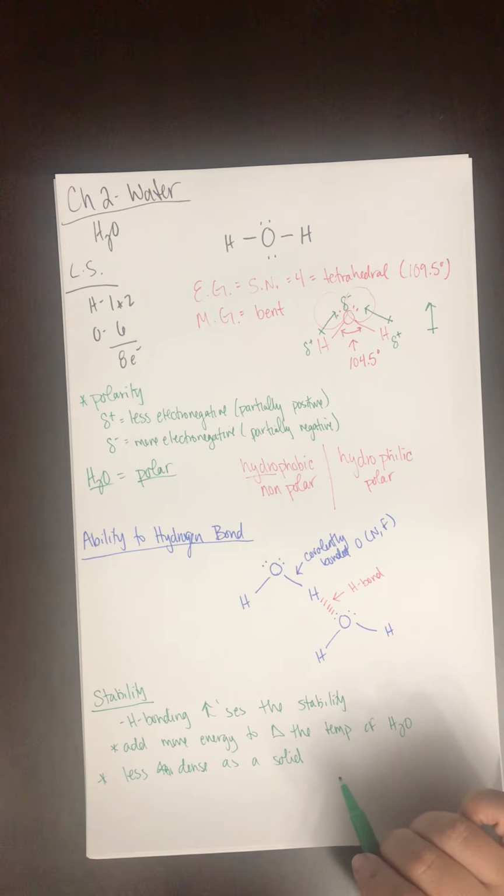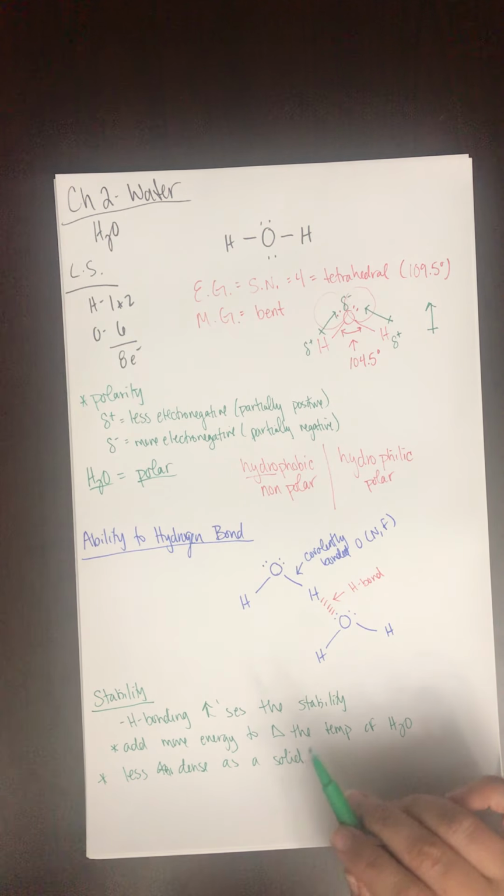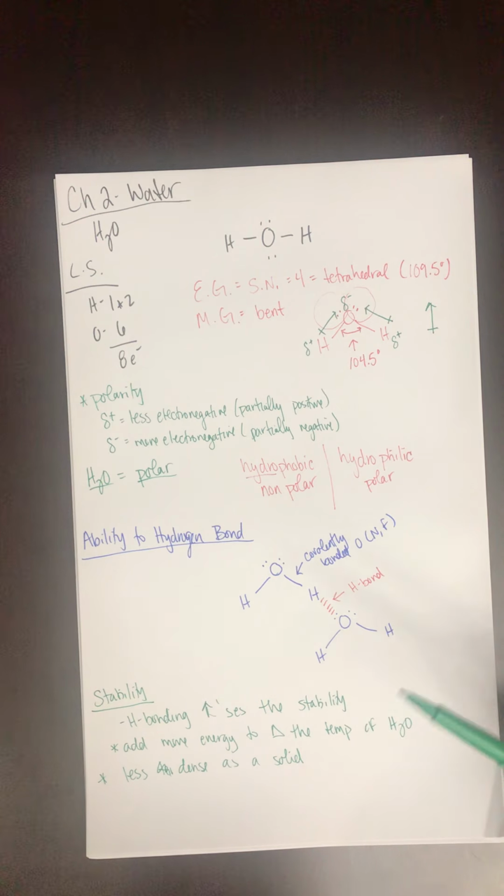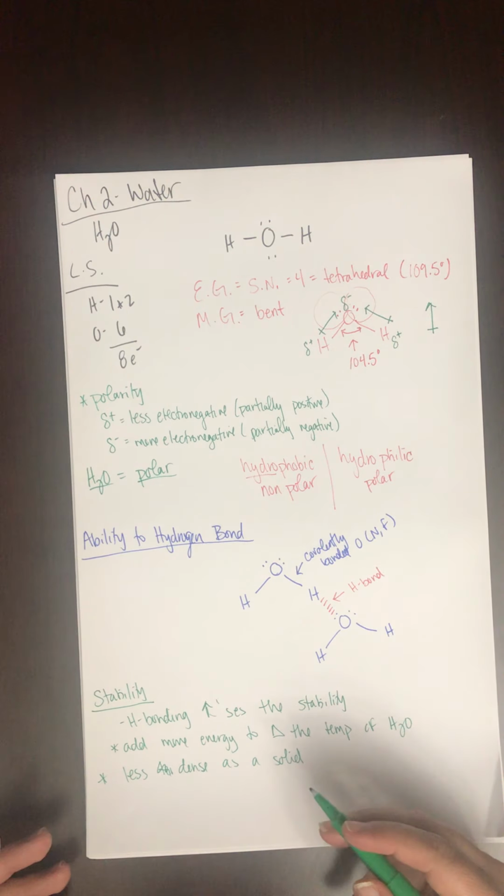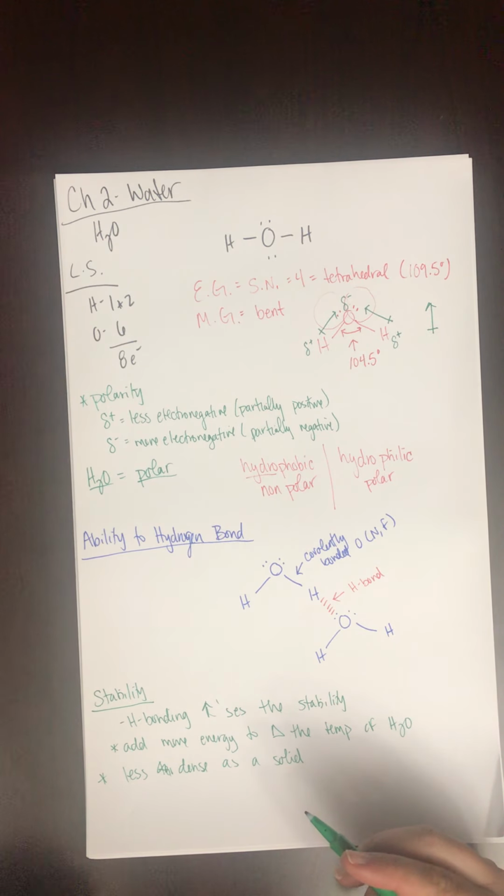And the fish and the life in the lake are all still able to exist during winter. If water was more dense as a liquid and it froze from the bottom up, it would freeze solid, and there would be no life in any bodies of water in the winter. So this is another really important property of water.